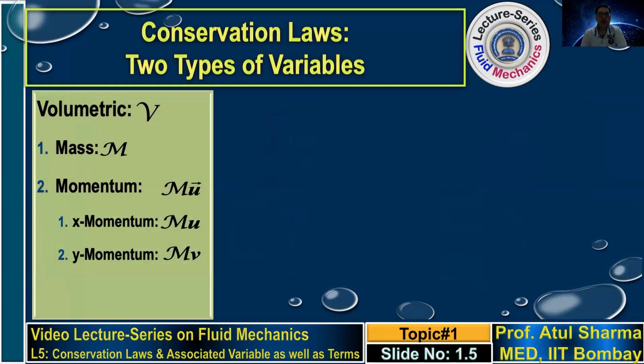Now I'll show you the two types of variables which are encountered in conservation law. First is the volumetric variable. In this slide, I am showing you variables. In the next slide, I will divide this volumetric variable by volume and call it a volumetric term. So the volumetric variables are mass, x momentum, and y momentum.